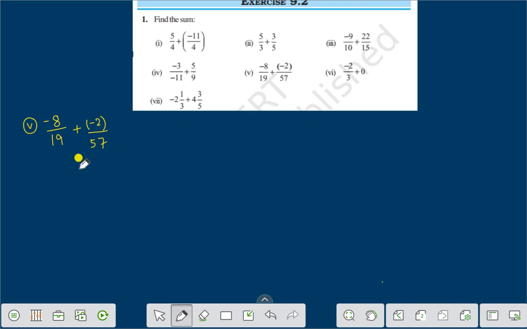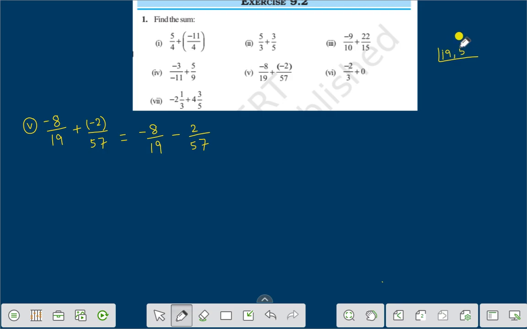First of all, we can write this as -8 by 19, and plus into minus is minus, so there is -2 by 57. We'll find the LCM of 19 and 57.